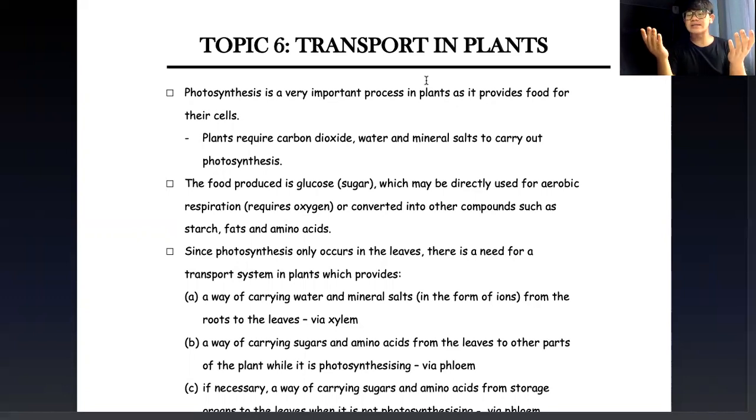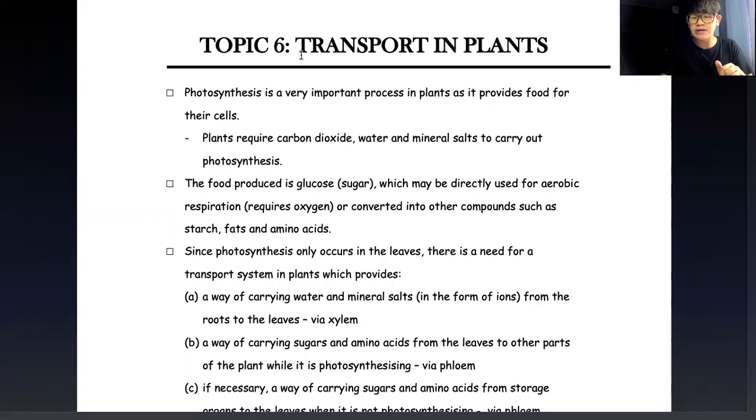The leaves are photosynthesizing, making all the sugars, and they will keep the sugars in the form of starch. And where do they bring it? They will bring it down to the roots. So there must be a system in which transportation occurs.